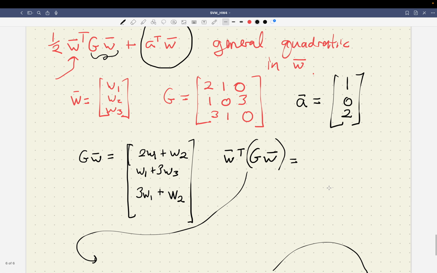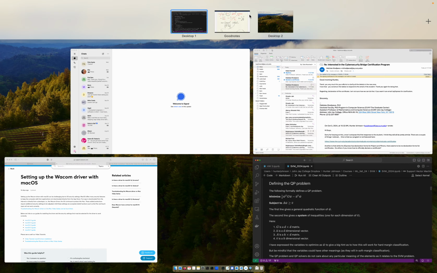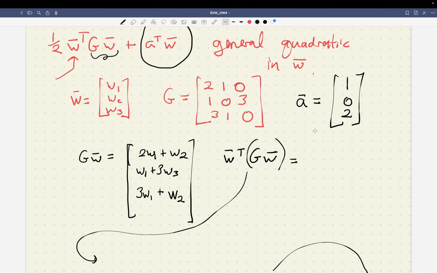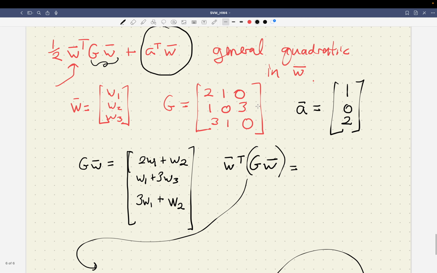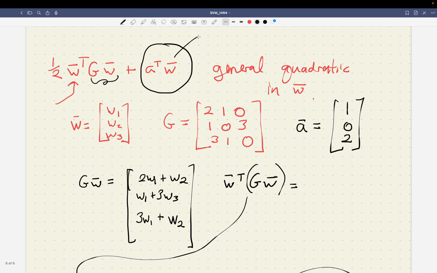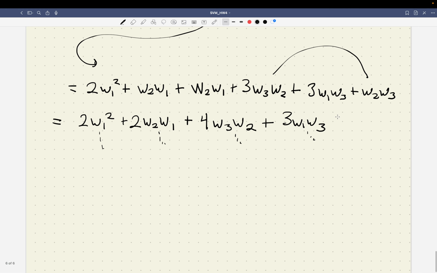So what that's going to do is it's going to give us the degree 1 part. So now if I add in this part A transpose W, what is A transpose W? A transpose W is W1 plus 2 W3. So for the whole thing, I can just tack that onto the end.